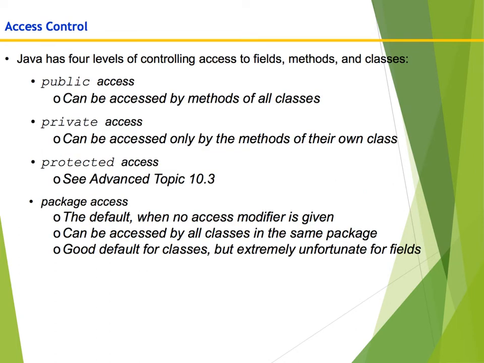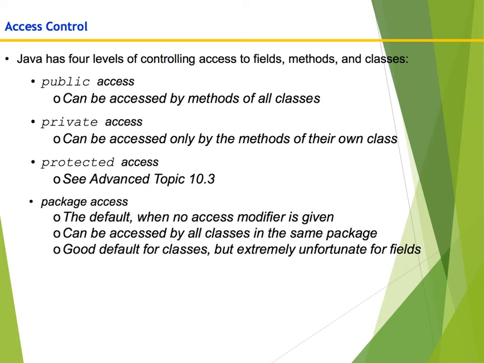You know that in Java we can define methods and fields in a class, and also we'll see later that you can define one class inside another class. So when you define methods, fields, or classes in a class, you can specify the access control. The access control can be public. Public access means that the method or field can be accessed by methods of all classes.